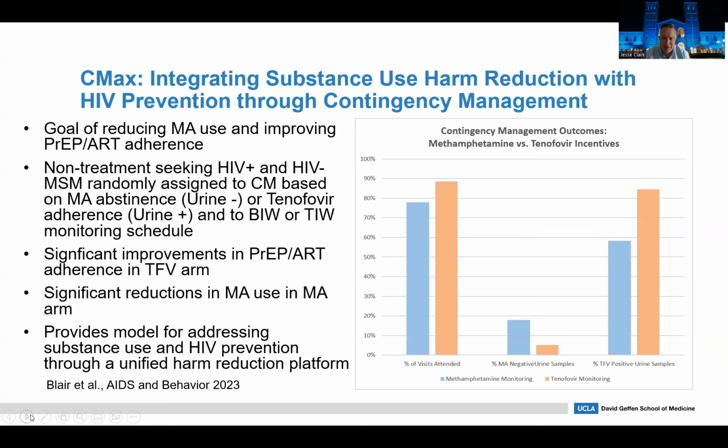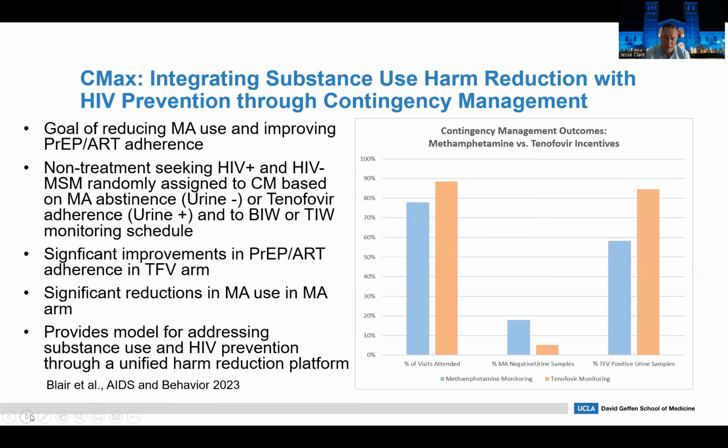But they had to be either on ART with a tenofovir-based regimen or on PrEP with a tenofovir-based regimen, so we could check for the presence or absence of tenofovir in their urine at either biweekly or tri-weekly monitoring visits. And in this study, we randomly assigned people to be monitored either for methamphetamine use or for ART PrEP use, with the rewards yoked to one of those two things, to either having urine samples that were negative for meth or positive for tenofovir.